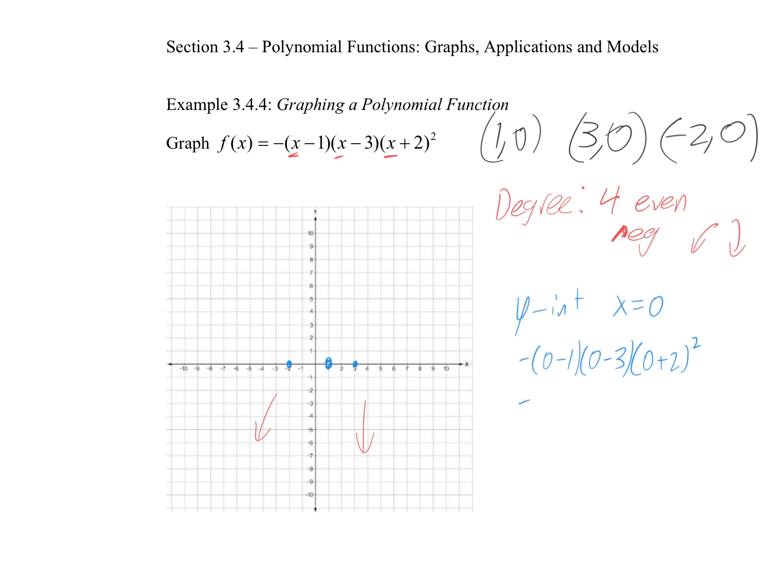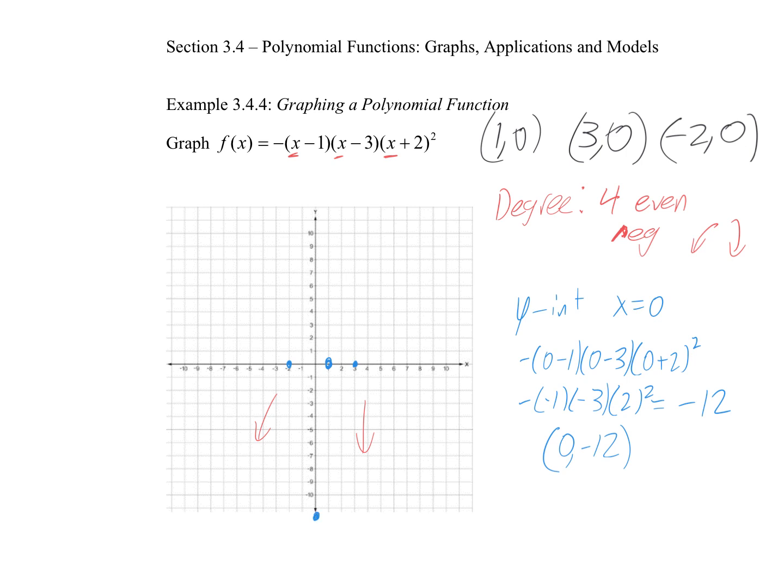Okay, so negative, negative 1, negative 3, and 2, which is squared. So if we compute this out, we should get negative 12 as our y-intercept. So we've got 0 comma negative 12. And let's go ahead and mark that. Now this sticks off the graph a little bit, but I'll go ahead and put it right there.